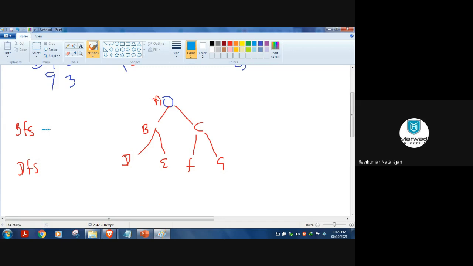So the answer for BFS is A, B, C, D, E, F, G. Now tell me the answer for DFS. We know that it is depth first search, and from here A, B, D, E, C, F, G. So it should be A, B, D, E, then C, F, G.